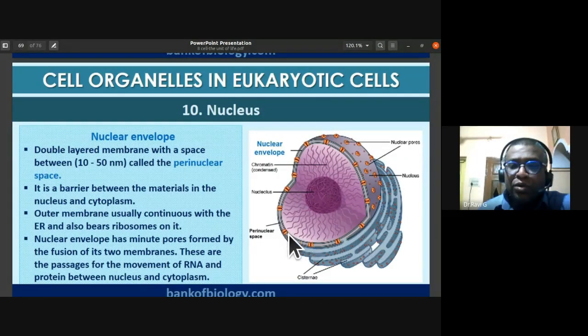The nuclear envelope has minute pores formed by the fusion of its two membranes.